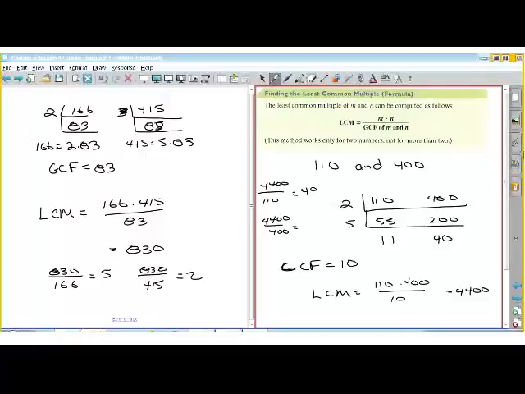So you take the least common multiple and divide by each one of these separately, and you get which multiple it is. So this is the 11th multiple, and this is the 40th multiple. And so it works out. So anyway, that's the last thing that you can do. Knowing one, you can always find the other.